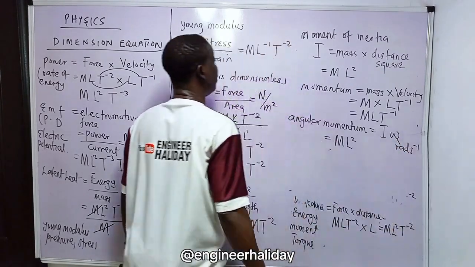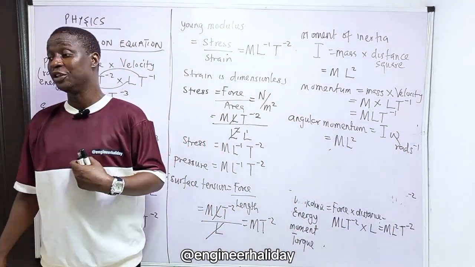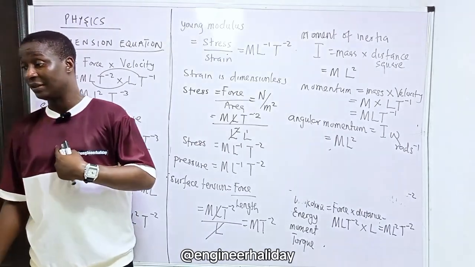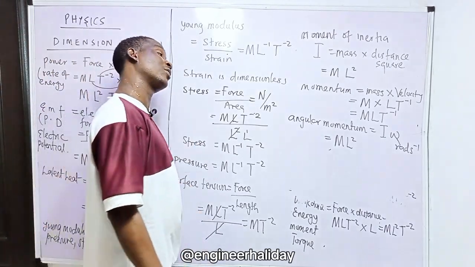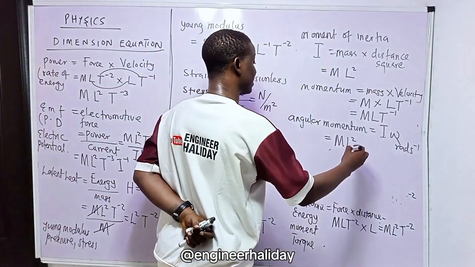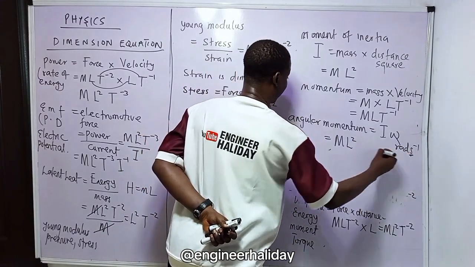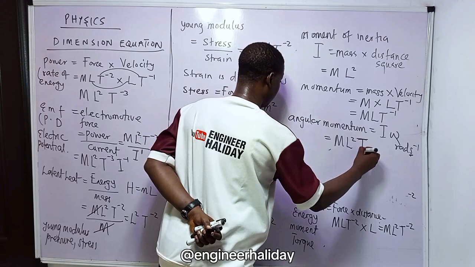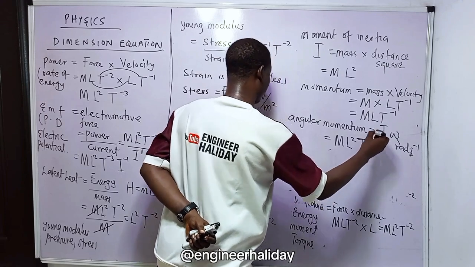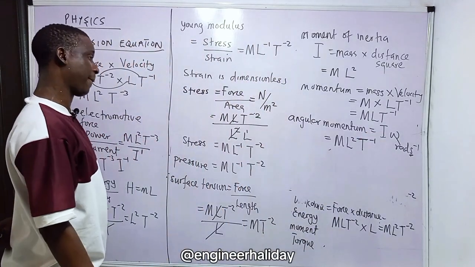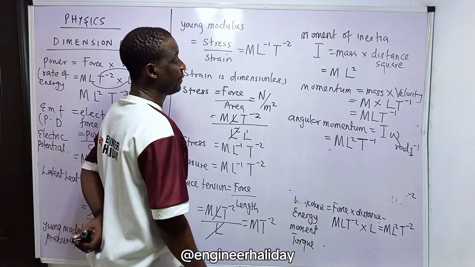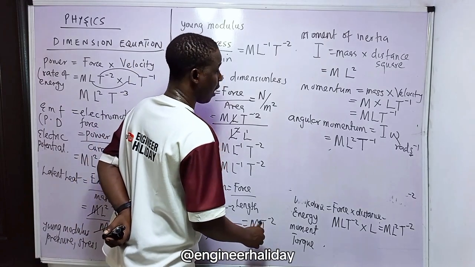But rad does not have a unit. Does rad have a unit? No. So in as much as rad does not have a unit, it's per second that we consider. And what is per second? T raised to the power minus 1. Anytime you see S, it's time. So that is the dimension of angular momentum.